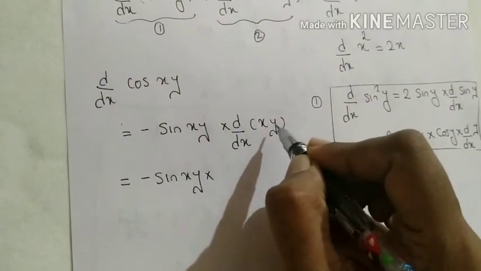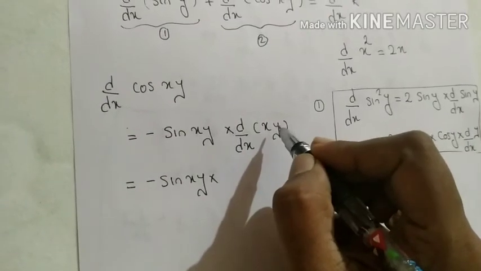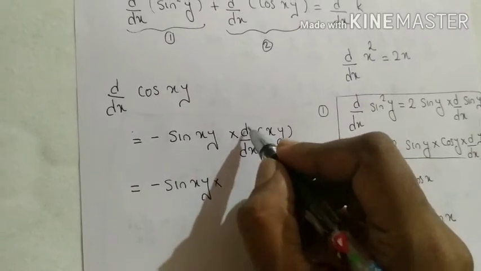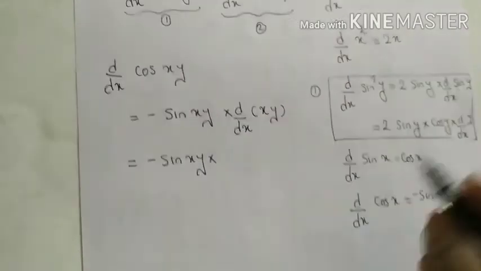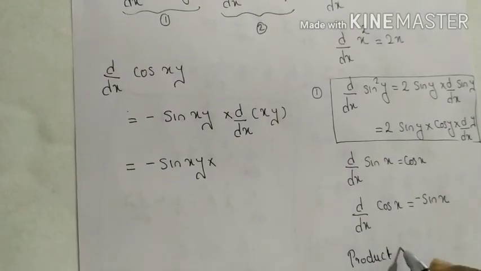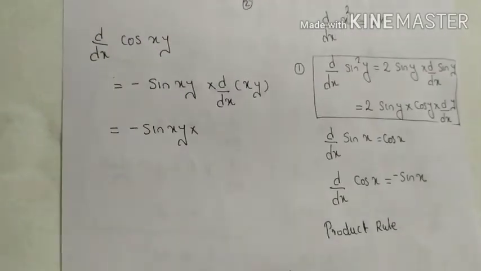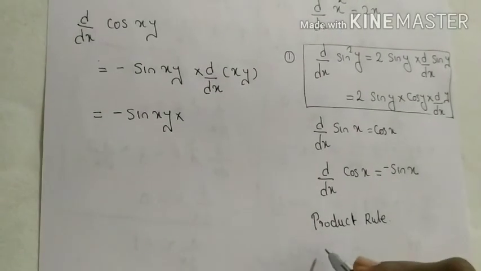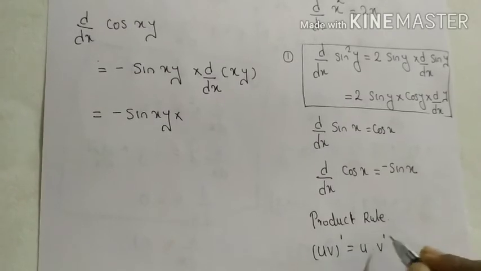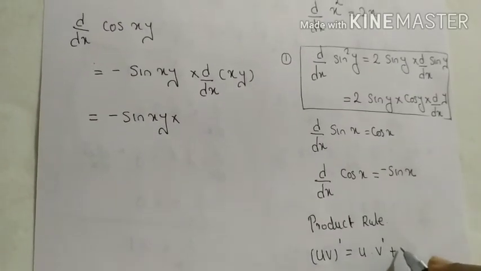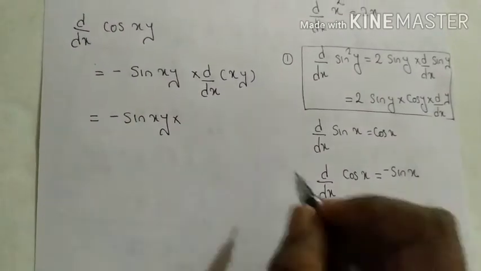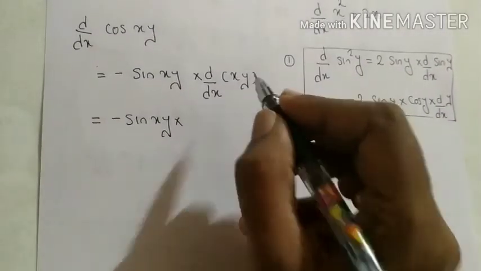xy is two functions. x is the first function and y is another function. So we need to find the derivative of these two functions. Here we are using the product rule. By using the product rule, we know that (uv) dash equals the first function into the derivative of the second function plus the second function into the derivative of the first function. Here the first function is x and the second function is y.